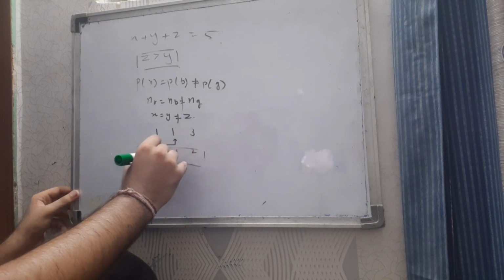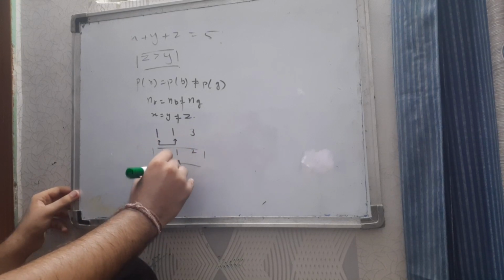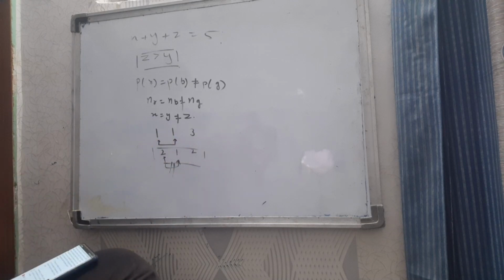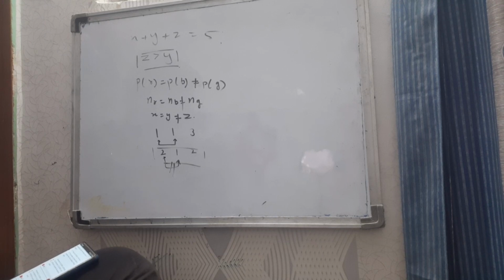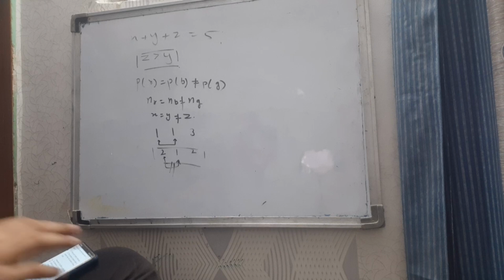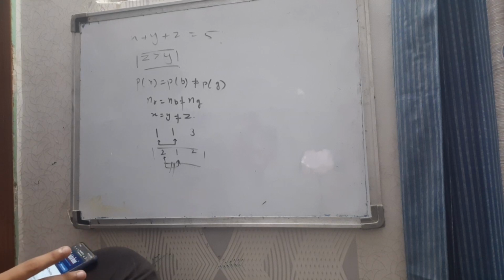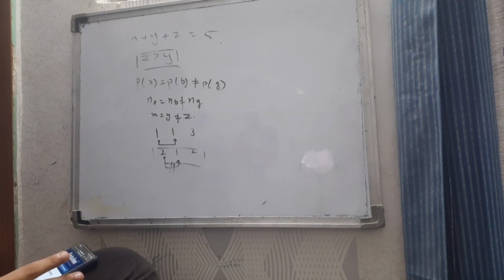Here the probability of red and blue are not equal, but the probability of red and green are equal. Hence, we could conclude that these statements are insufficient to answer this question, and we would require more data to answer. Okay, so let's move on to the next question.